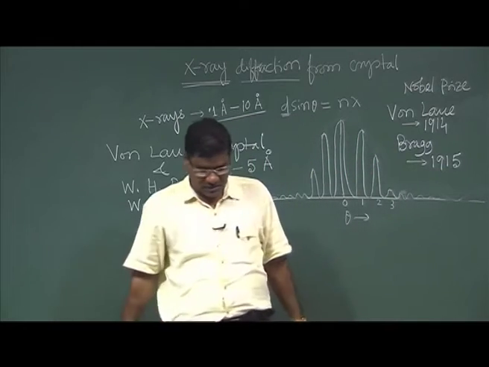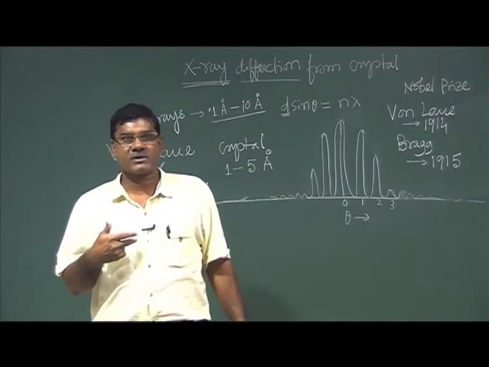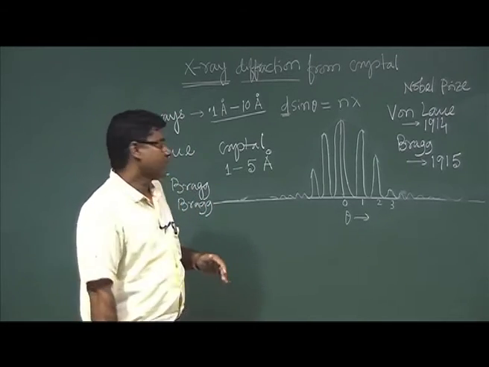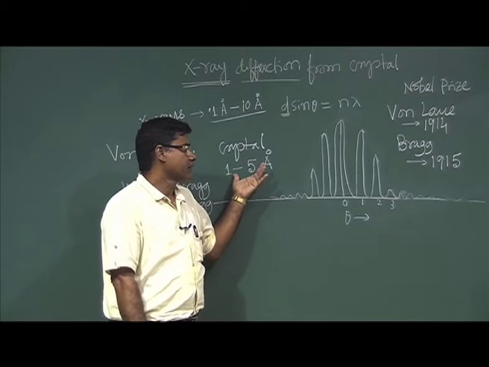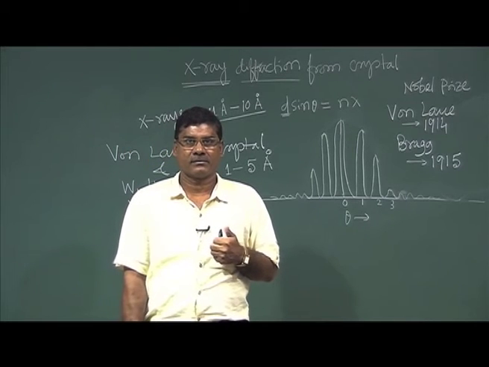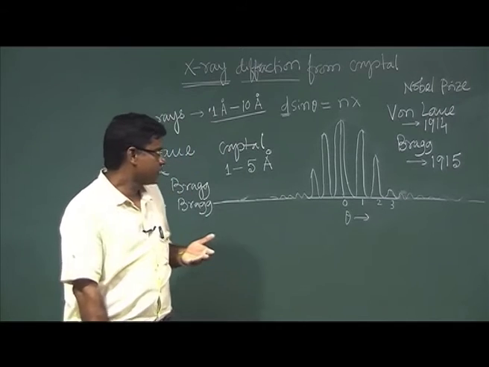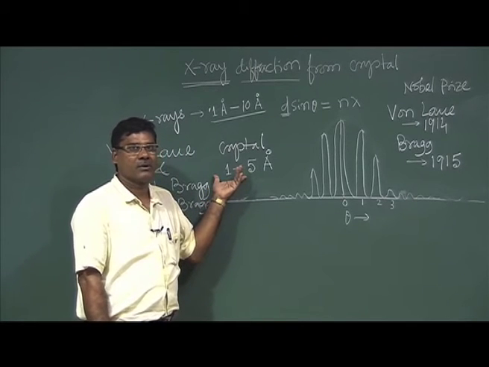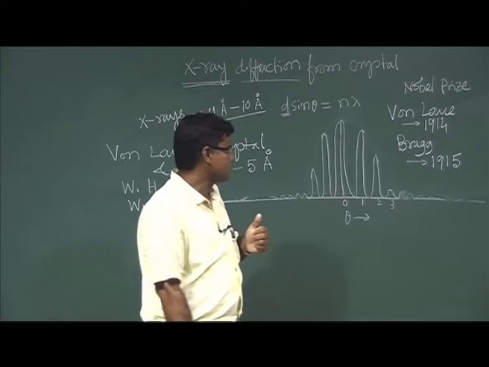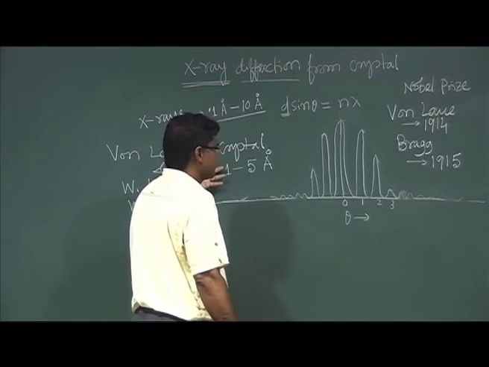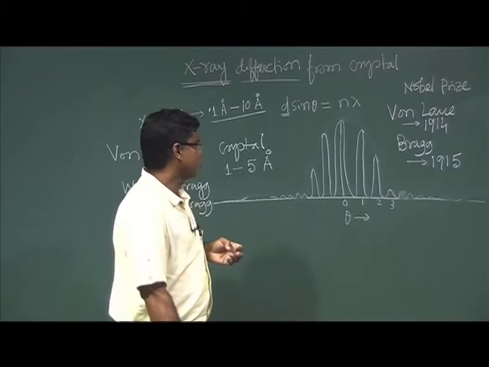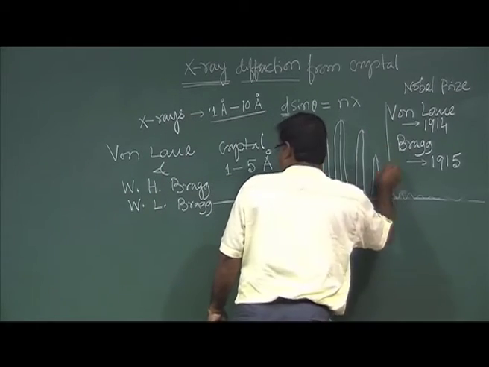Independently they demonstrated X-ray diffraction from the crystal, and using that they demonstrated how to calculate the lattice parameters from X-ray diffraction. Because of this great contribution in crystallography, they were awarded the Nobel Prize.